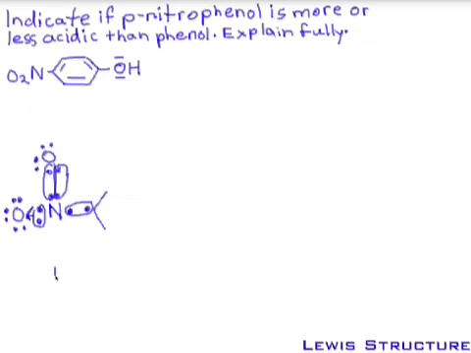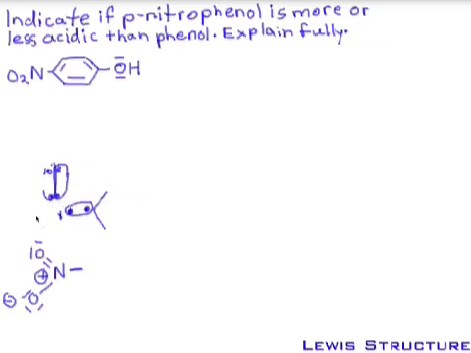This will make the NO2 group look something like this, where the formal charge on oxygen is negative and the formal charge on nitrogen is positive, and that's attached to the aromatic ring. So having done this, I can now draw the NO2 when I need it as its proper Lewis structure form.